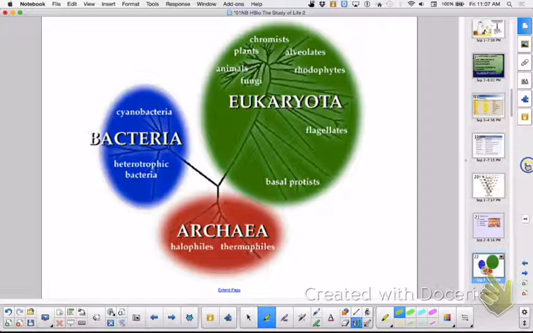We share that domain. Bacteria and archaea, both are prokaryotic, but they are different in where they live and some of their structures. Bacteria, most numerous of all. There are more bacteria on and in your body than there are people on the planet. Okay?